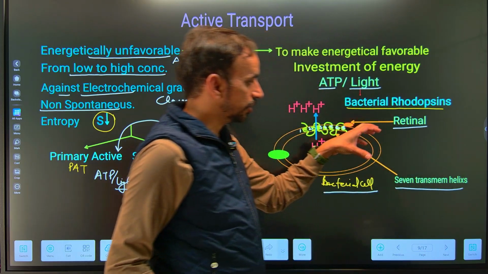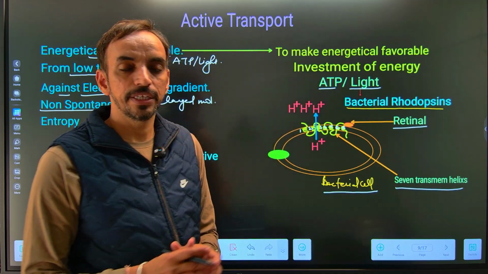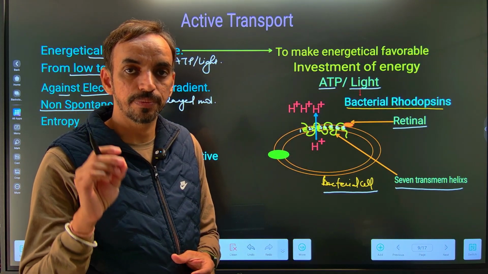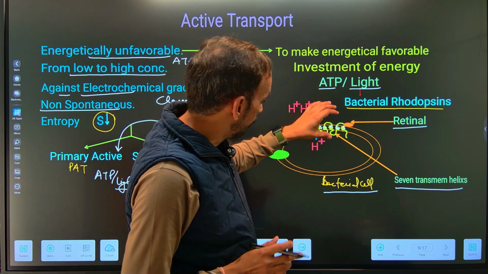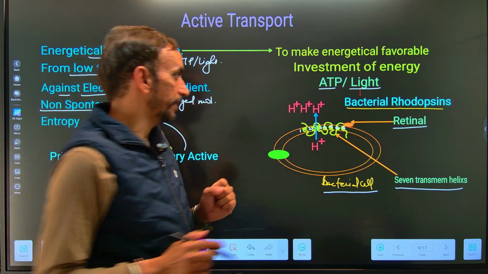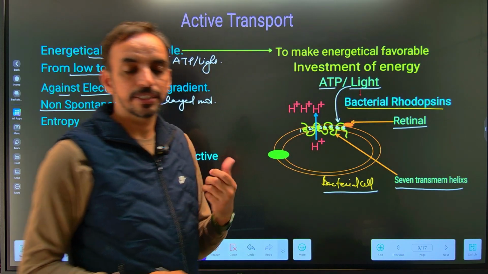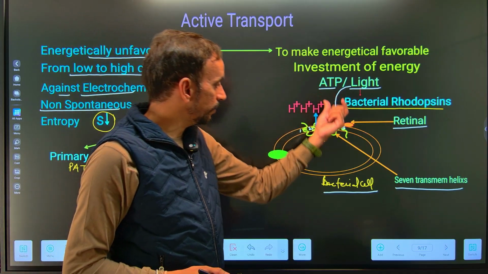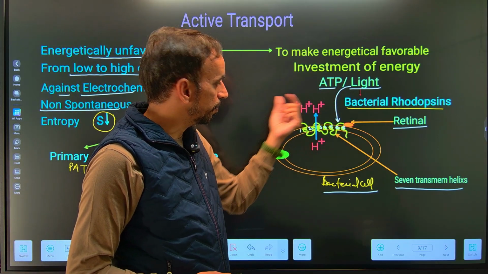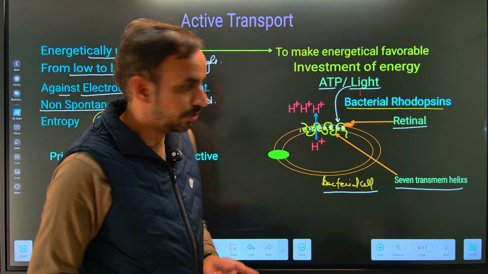This is what the structure of this bacterial rhodopsin is all about. Now when this bacterial rhodopsin receives light, that is the form of energy, it will transport protons against their concentrational gradient.